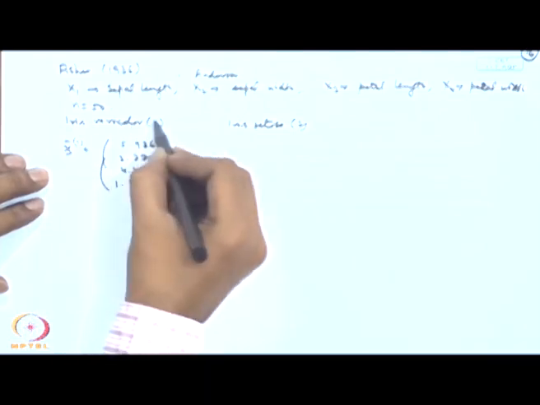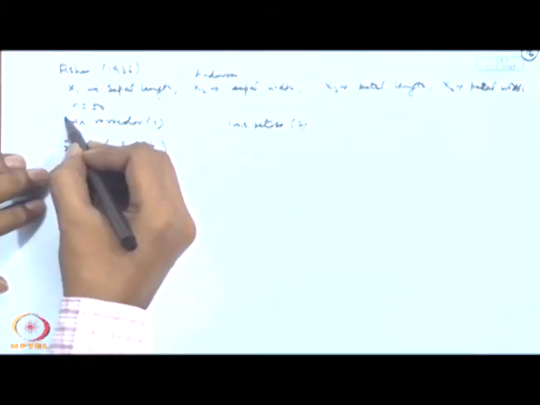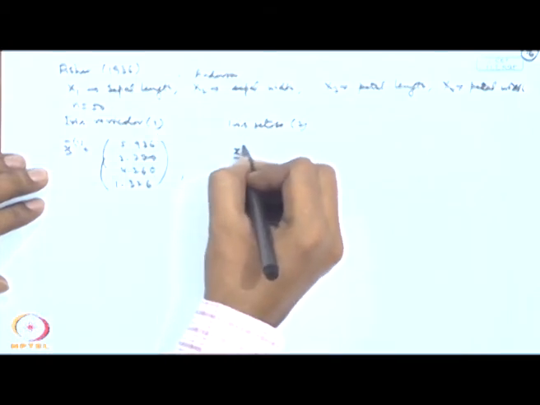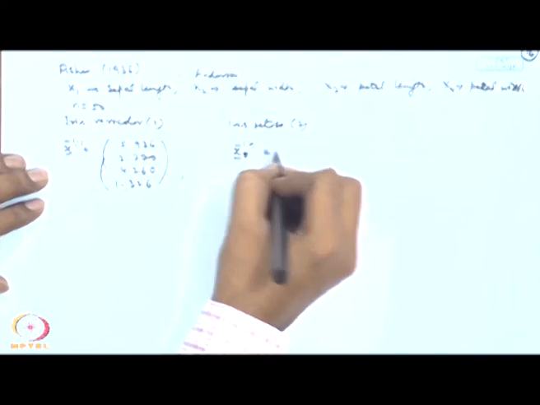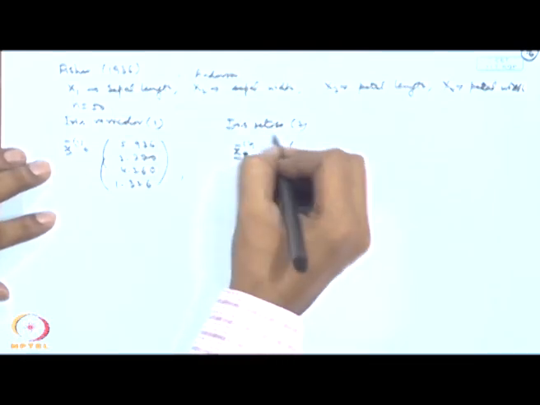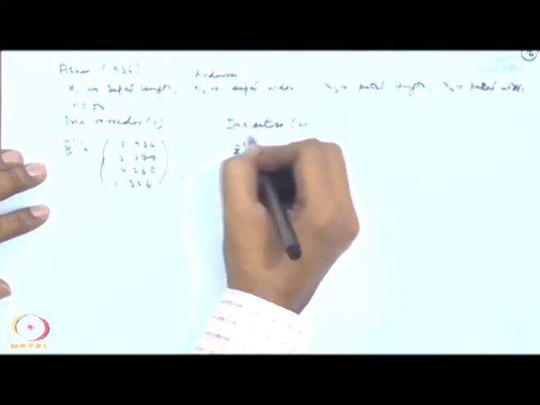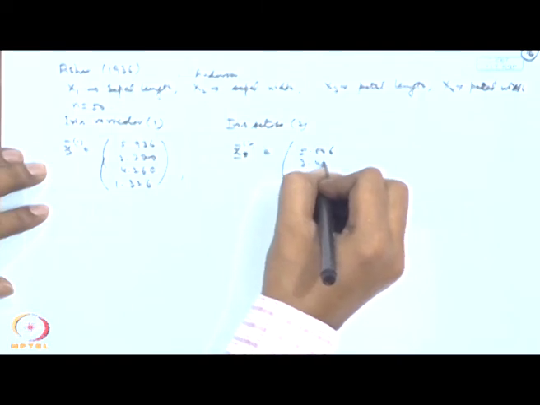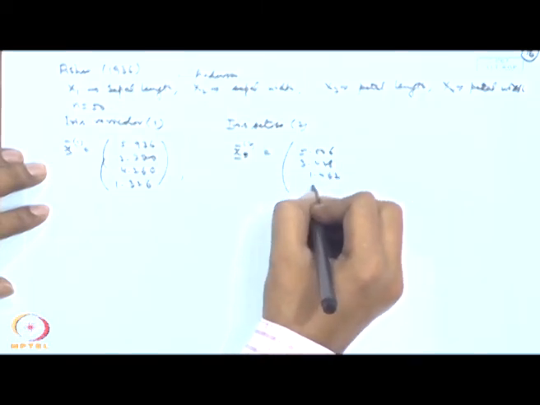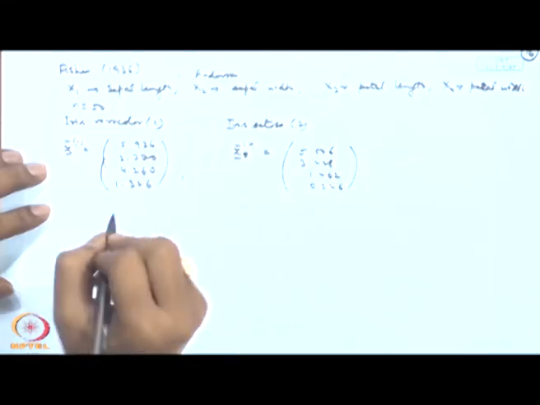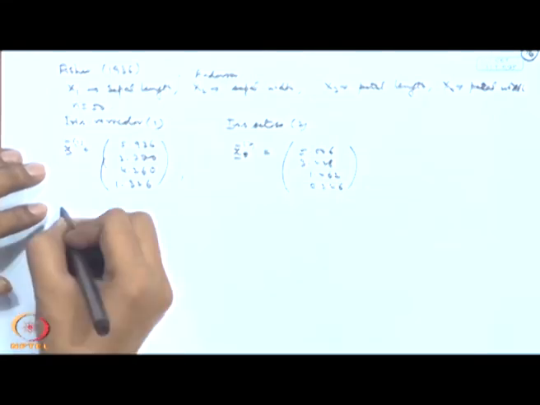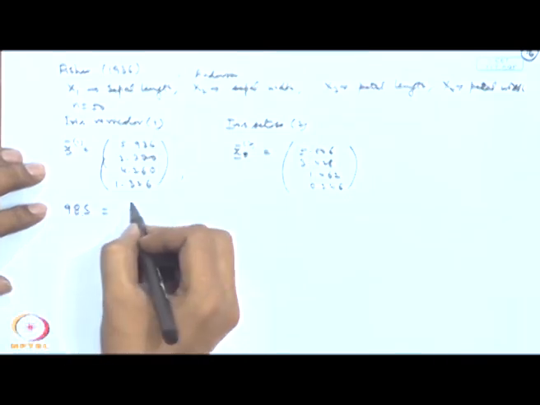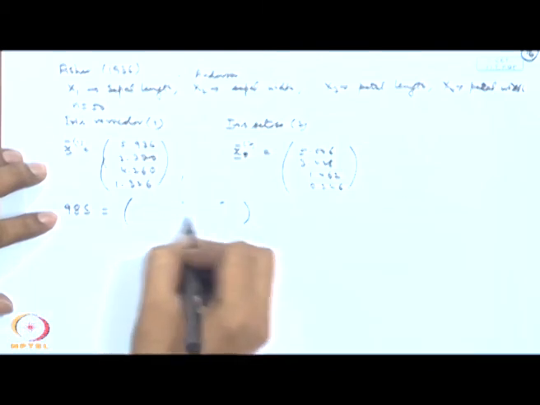This is the sample mean vector based on 50 observations on the iris versicolor, and the x 2 bar vector, based on the 50 random observations taken on iris setosa, is 5.006, 3.428, 1.462, 0.246, and n 1 plus n 2 minus 2 is 98, and S is given here, I am not writing it here.